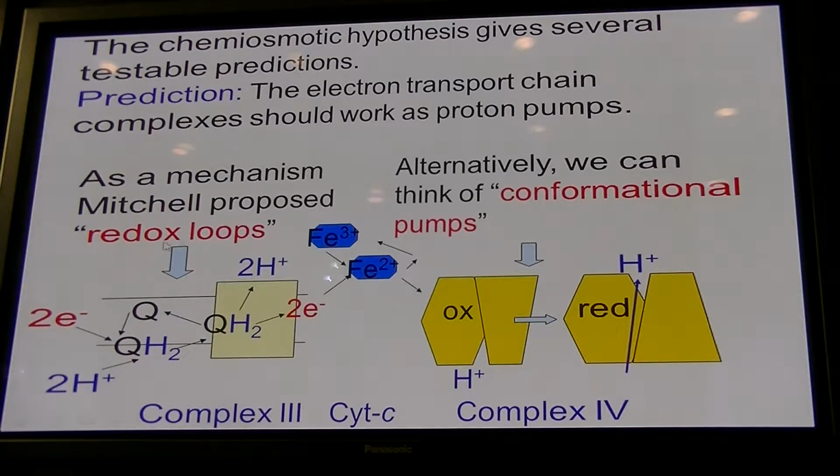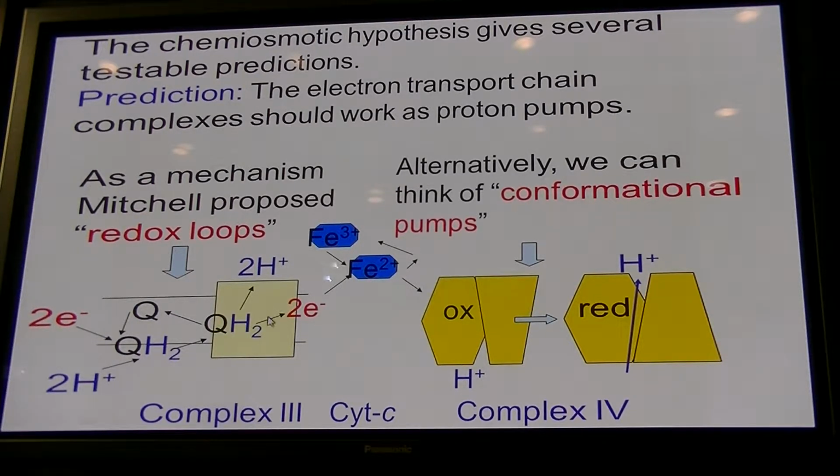One mechanism is what Mitchell called a redox loop mechanism. And it involves the idea that the quinone picks up protons on the matrix side and releases them on the intermembrane space side. Let's say here we have a membrane.